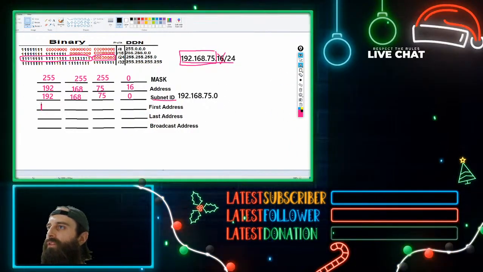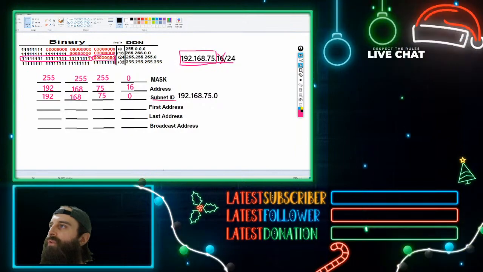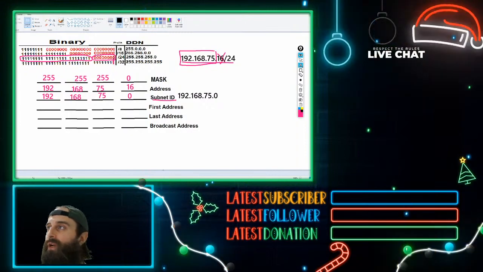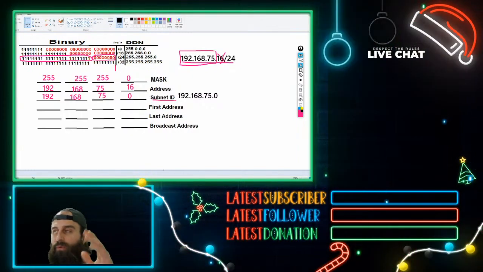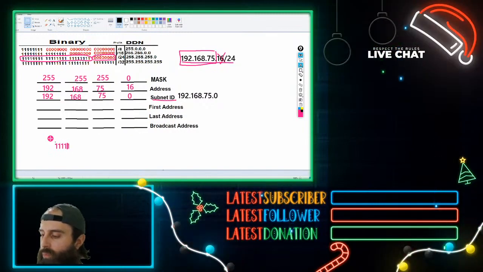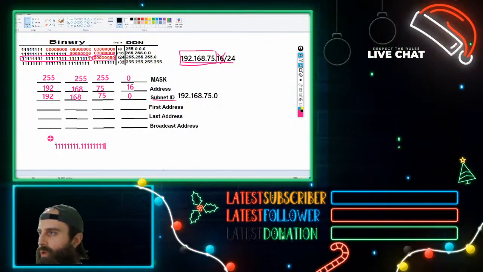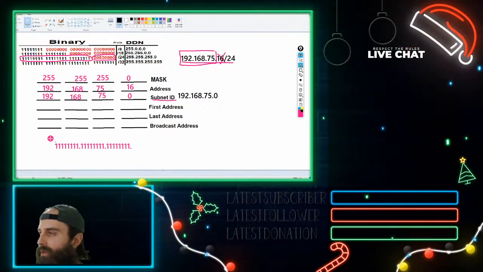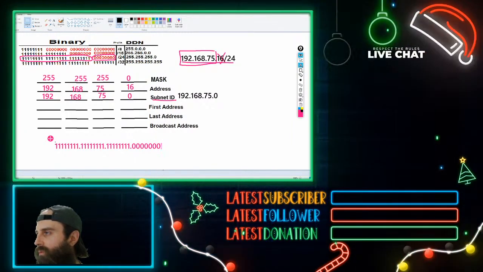Now the first address. Remember, all we have to do is add 1, because on that very last octet we're just adding 1. 1111 1111 dot 1111 1111 dot 00000001.